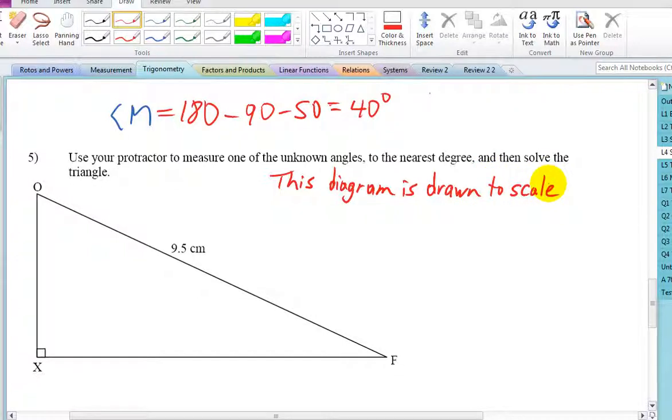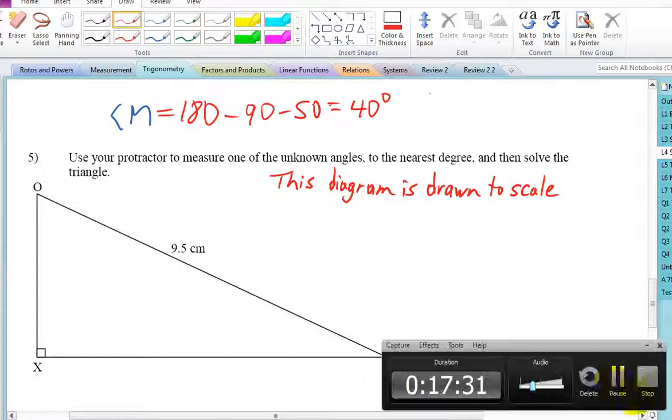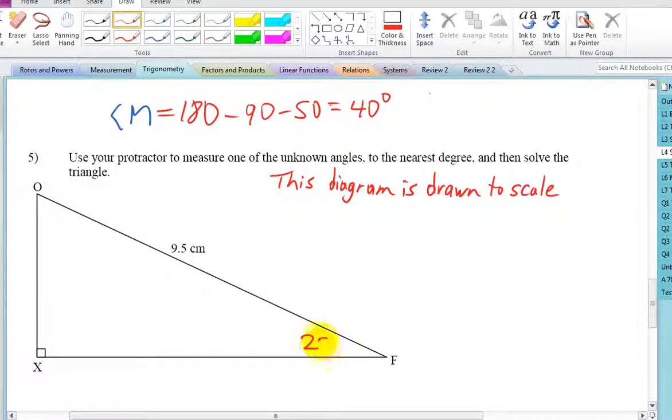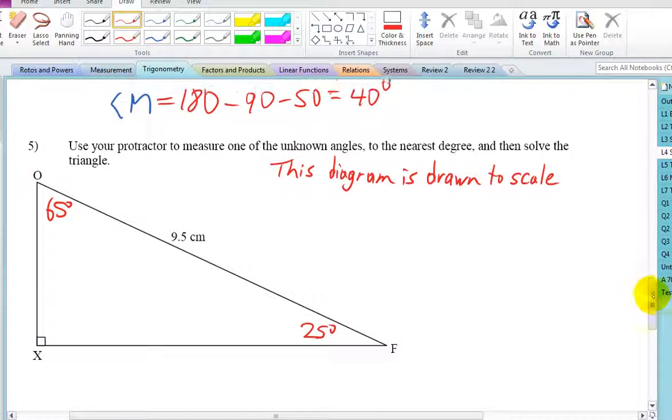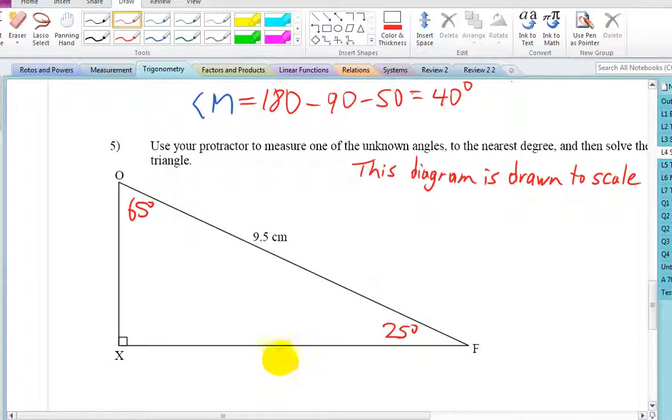If you see that, you should be thinking, measure with the ruler, with the protractor. Only if you see that. Otherwise, it's against the rules. The diagram's not correctly drawn. But if you see this diagram is drawn to scale, now you can measure it. 25 degrees, 65 degrees. Now really, when you should solve this, you should solve for this side and that side, but we're not going to do that for time's sake.